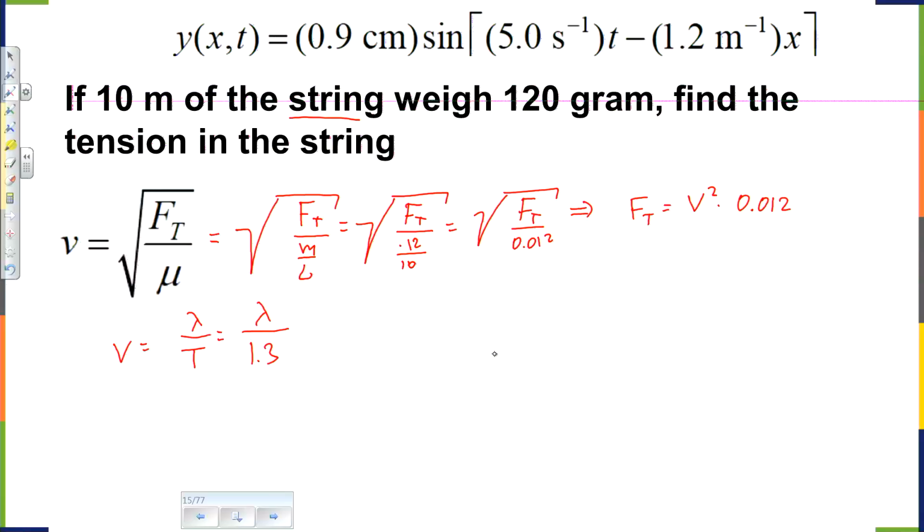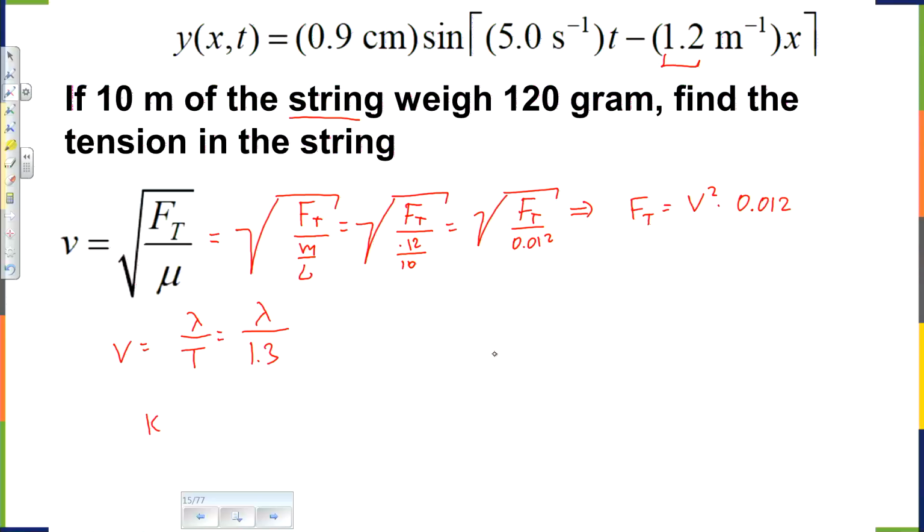Well, all right. This is the case when we need it, but we don't know it. So what do we have to do? We have to find it. So we search for additional connections, and we have that additional connection, which we didn't have for a simple harmonic motion, but we do have for a wave.